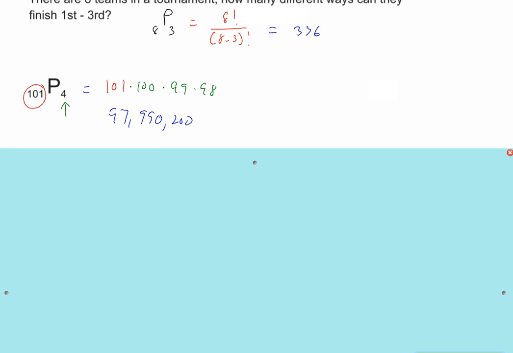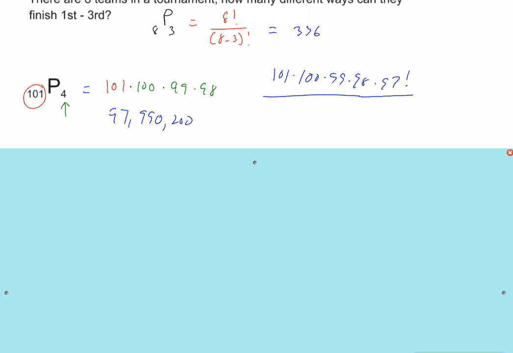Remember, 101 factorial is 101 times 100 times 99 times 98 times 97 factorial, right? Luke, do you agree? Are you sure? It's not good to agree to something you have no idea what's going on. All right, so that's the top, 101 factorial.